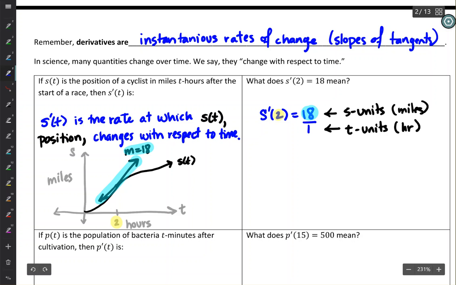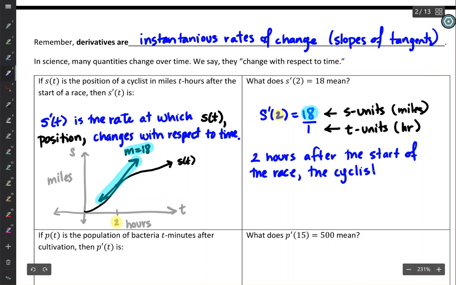So let's write that. 2 hours after the start of the race, the cyclist is traveling 18 miles per hour, per 1 hour, I think I'll even say.